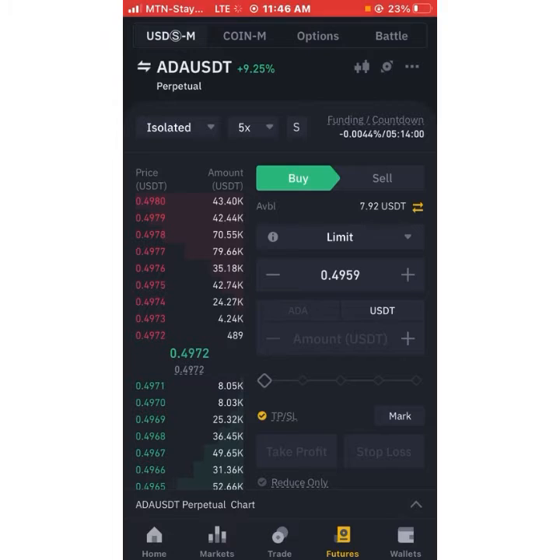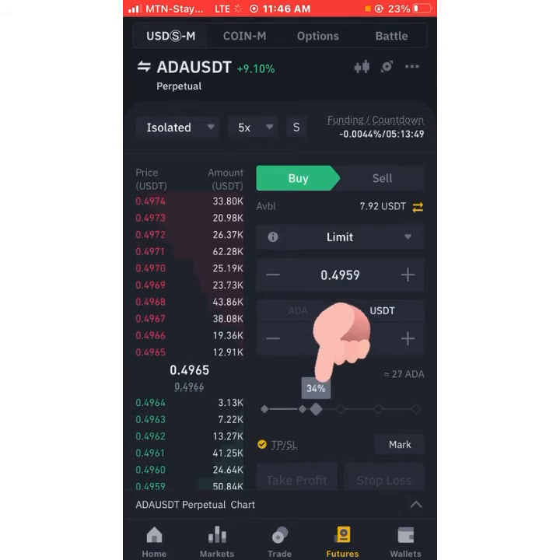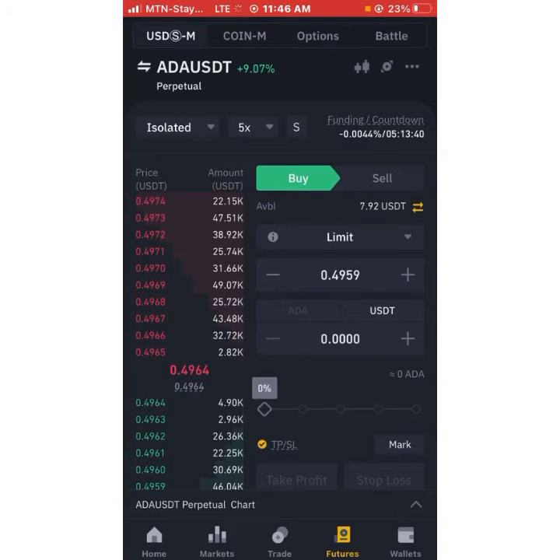All right, then below that you see the same adjustment key that you saw when you were trying to adjust for the leverage. You can see the adjustment key, right? Okay, the adjustment key starts from 0 up to 100.